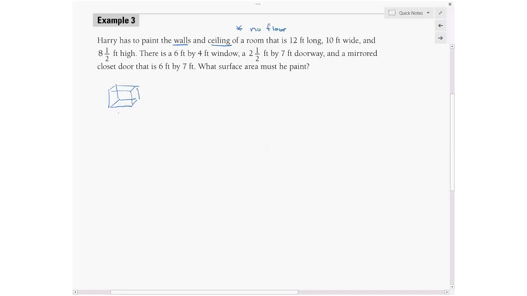Okay, so it's 12 feet long, 10 feet wide, and 8.5 feet high. There's a 6-foot by 4-foot window, a 2.5-foot by 7-foot doorway, and a mirrored closet door that is 6 feet by 7 feet. Now he's not going to paint the window, obviously, he couldn't see out.